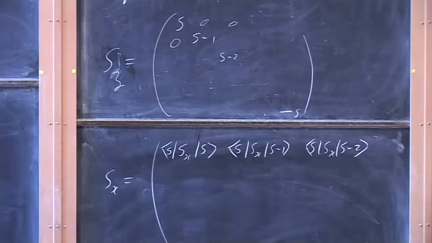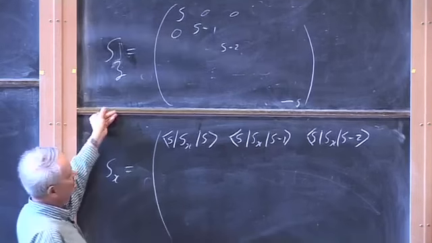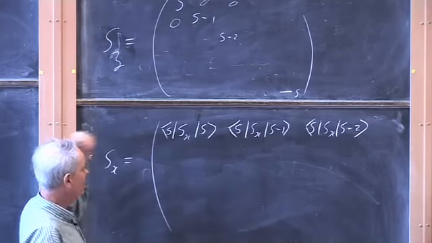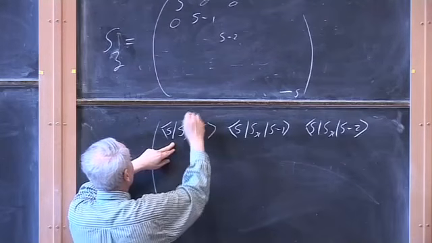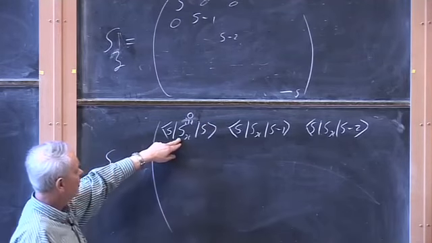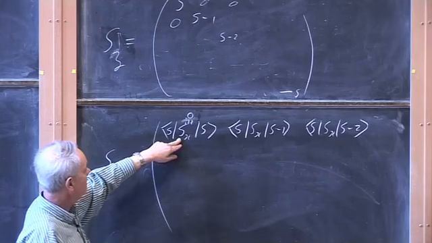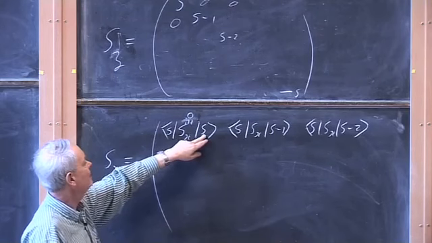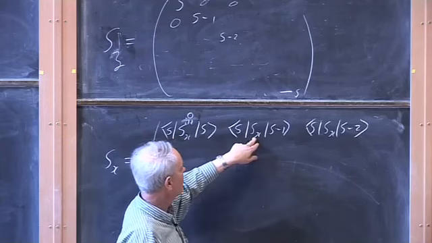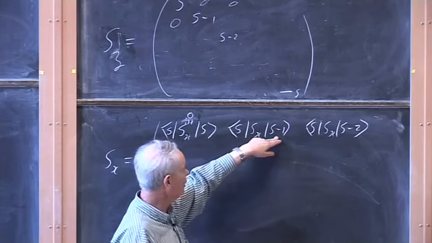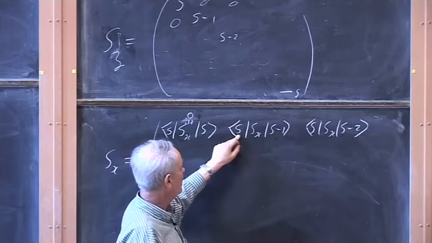It'll be enormous. But nearly all the numbers will vanish, because this number we already know is equal to 0. This number vanishes because you replace Sx by a half of S plus S minus. S plus kills this. S minus lowers it to something orthogonal to this. This will be non-zero because S plus will raise that to S, which will couple to that.